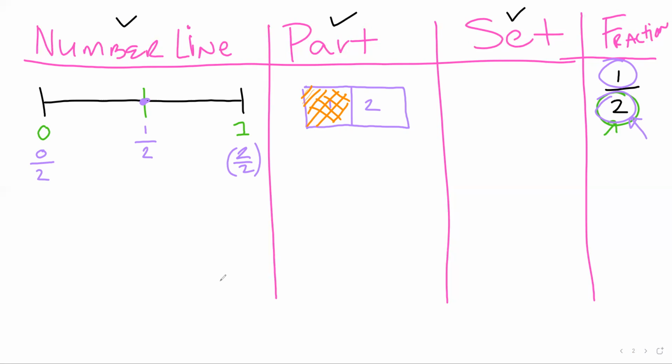So a fractional set is just like a picture of this idea. So again, I go to my fraction, and your fraction tells you everything. Your best friend in a fraction is the denominator, the bottom number, because it's going to tell you what the whole is. So if I think about a set of something, like a table setting, you would have a fork, a knife, a plate, a glass to put some water in.